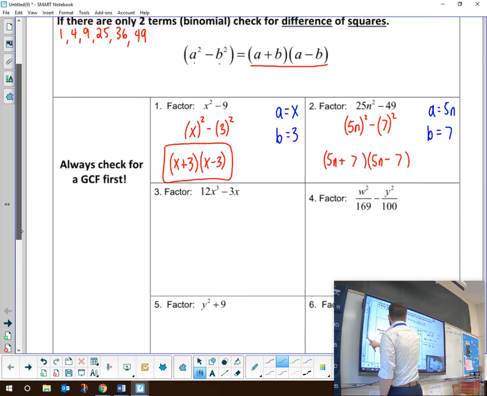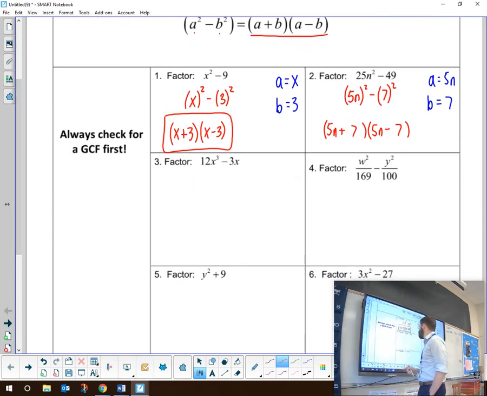Okay, let's take a look here at number 3. So number 3, we need to factor this. But wait, remember, always, always, always check for a GCF first. You'll notice I was lazy. I didn't check for GCF on 1 and 2, but this one has a GCF, doesn't it? That GCF is 3x.